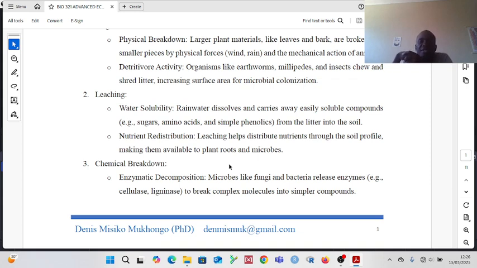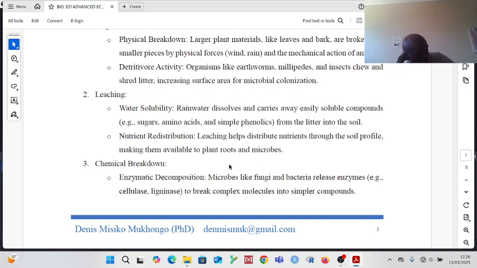Through the redistribution, the nutrients will become available either to the roots or to the microbes. Okay, so leaching is just about dissolving and moving. That moving helps to distribute the nutrients through the profile of the soil.